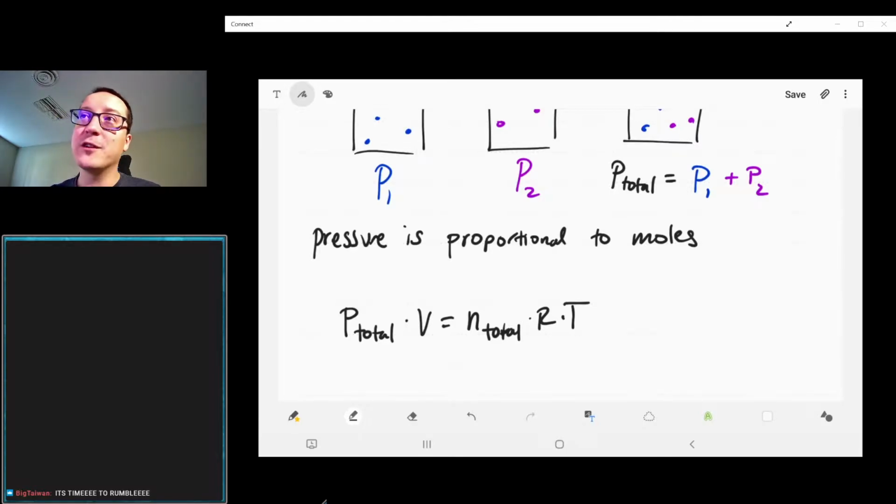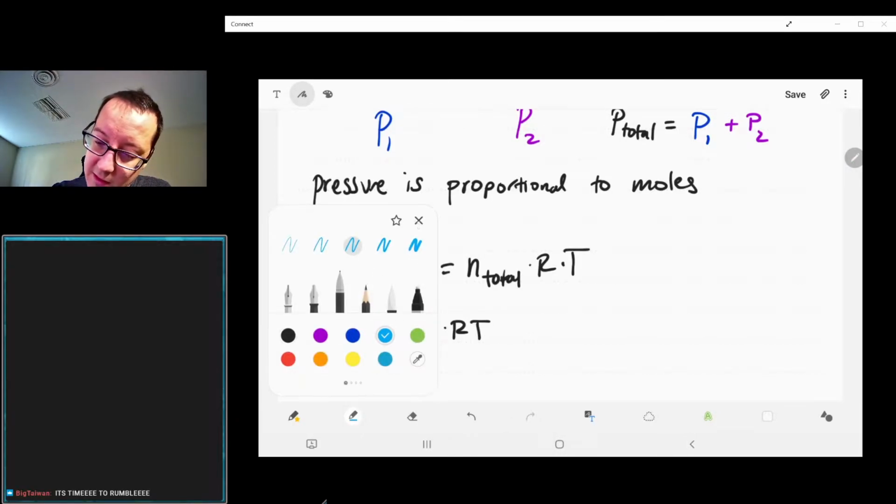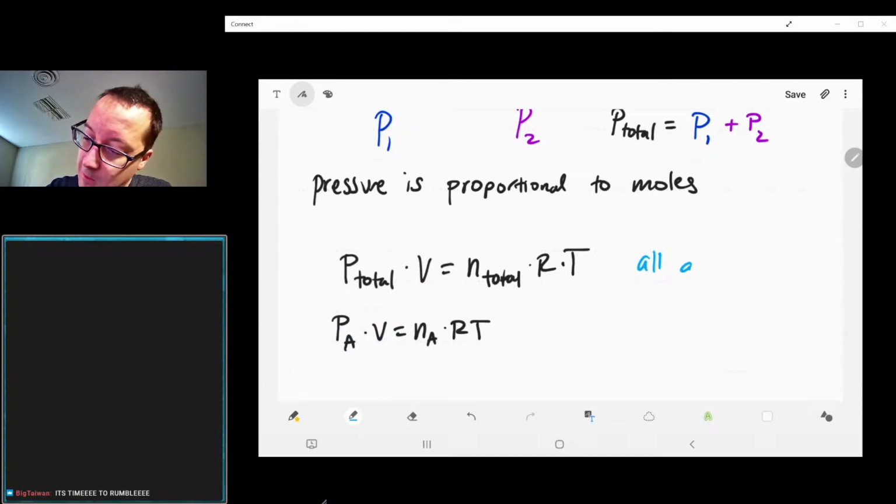So if you have a total pressure, you can find out your total moles using the ideal gas law. But you can also just look at one particular gas in a mixture. So all gases in the mix, or you can look at one gas in particular.